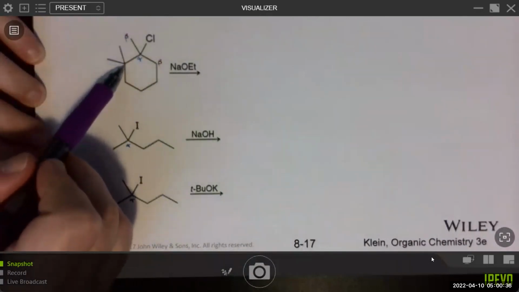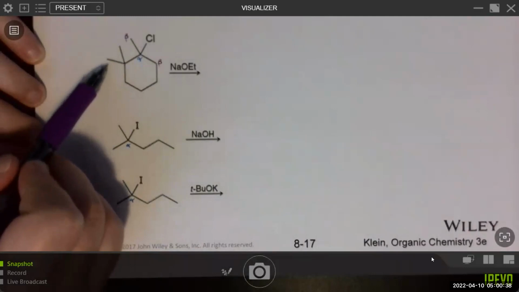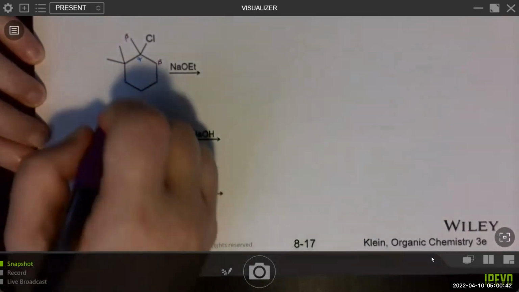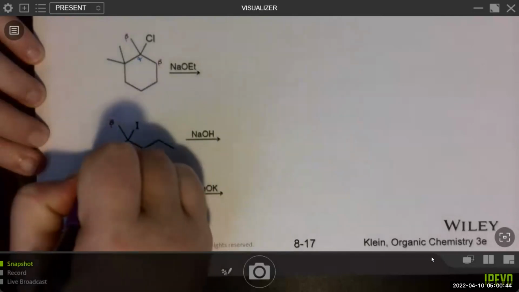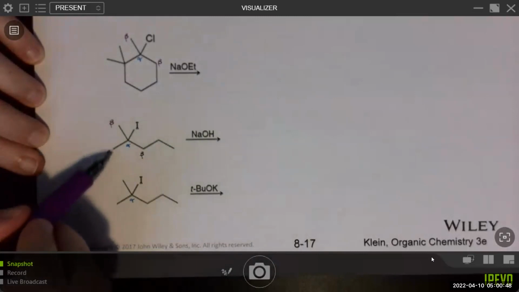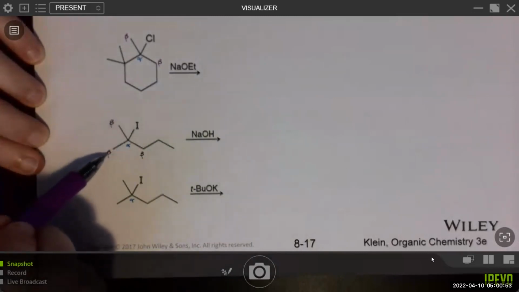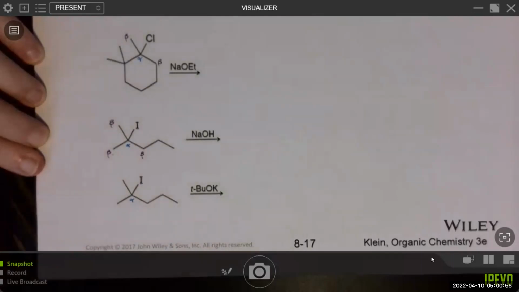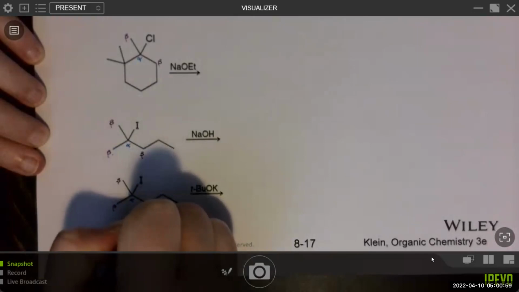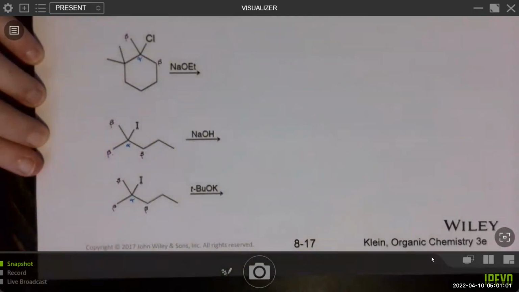This one is also a beta carbon, but there are no hydrogens attached to it, so it doesn't matter. All three of these beta carbons have hydrogens, but you can think of these as equivalent, because if I remove a proton here versus here, I'll still get the same product. This is the same structure, so we'll just draw in the same beta carbons.